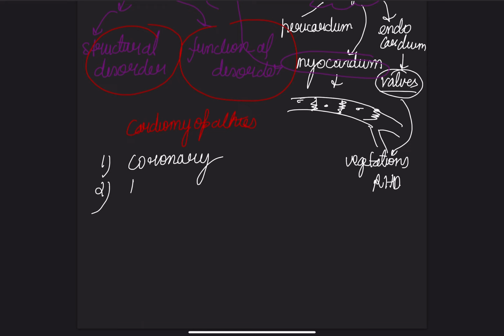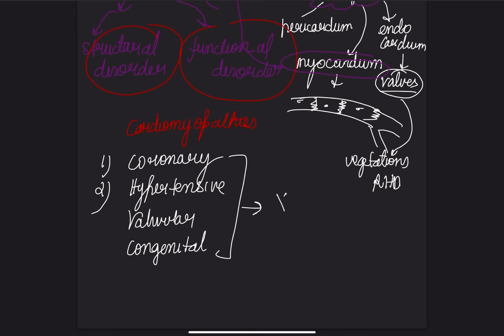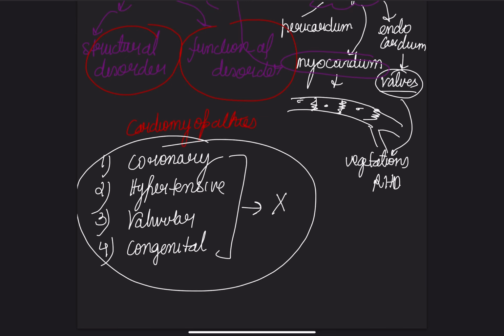Then we have hypertensive heart disease, valvular heart disease, or congenital heart disease. None of these come under cardiomyopathies. So the rest of the heart diseases which affect the myocardium, except these four, come under cardiomyopathies.